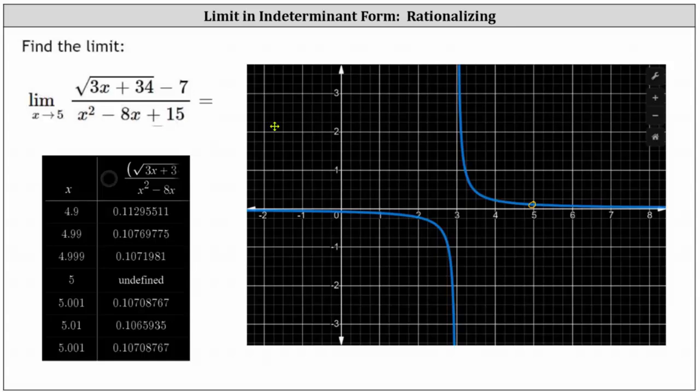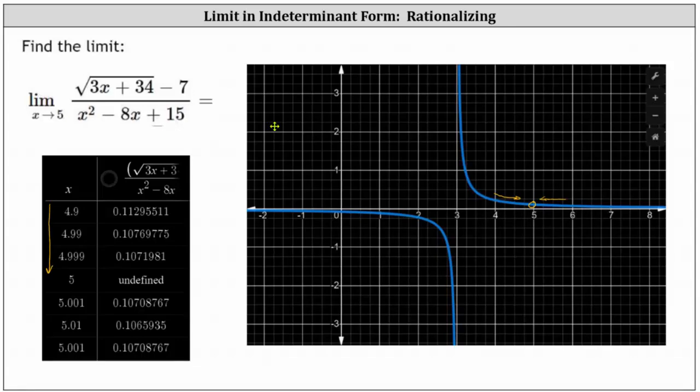So we can see from the graph as we approach 5 from the left and from the right, we are approaching the same function value that is between 0 and 1, much closer to 0, which actually is 3/28. And now looking at the table of values, as we approach 5 from values less than 5, we can see the decimal value we are approaching.